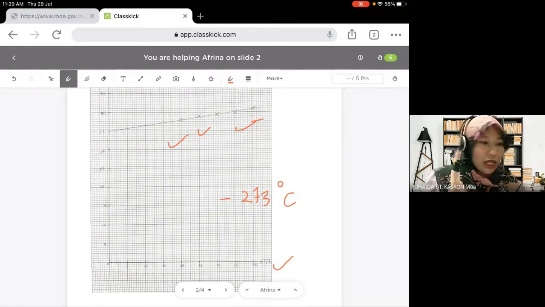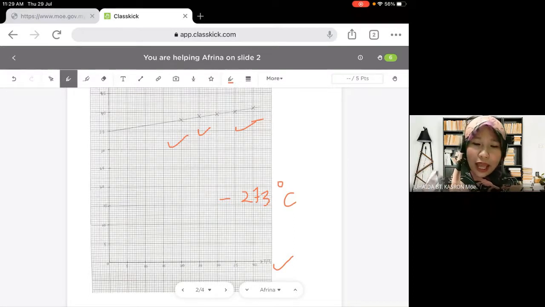This is a 10 minutes activity only. After that, you need to answer exercise 2 and 3 only. So 2 questions only. Example 8 and example 9 are done already. Then the second question, question 1 and question 2. The rest you let it be.